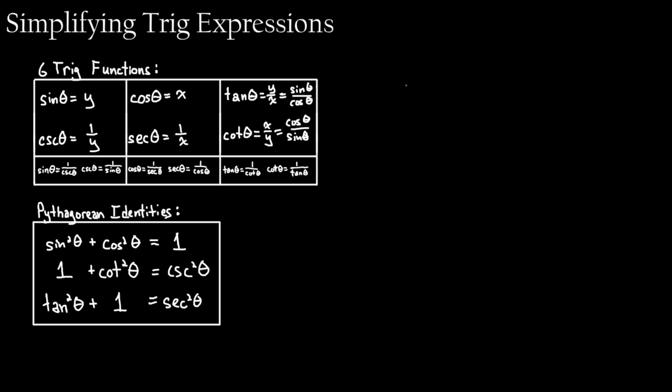Okay, so in this case, let's start with one. So I've got cotangent of theta times the sine of theta is equal to the cosine of theta. So again, you can kind of think of this as an expression like we were just doing, where before we would just have this one side and we would simplify it down.